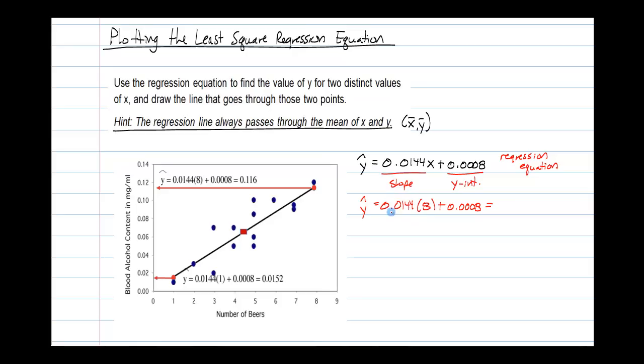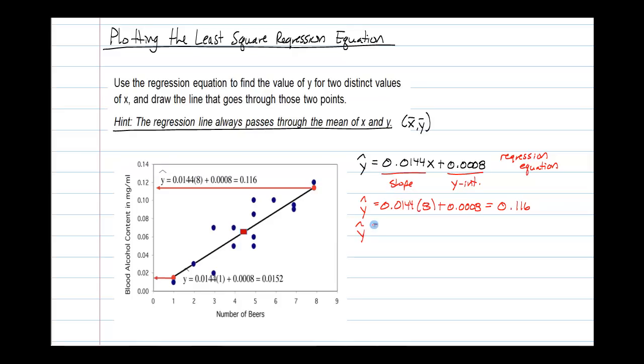And when I plug this in, remember order of operations, you do multiplication first and then addition. I get 0.116. So what this is saying is for people who drink 8 beers, I would predict on average that their blood alcohol content would be 0.116. And so this is the plotted point. If you plug in an 8, I hit the line, I come over here, and that's at a height of about 0.116.